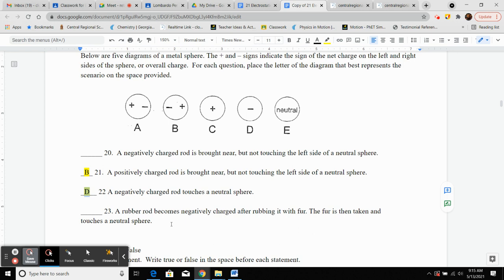So if the rubber rod becomes negatively charged, so the rod becomes negatively charged, and here's the fur. If those two rub together and this guy took the electrons away and becomes negatively charged, what would the charge on the fur have to be?